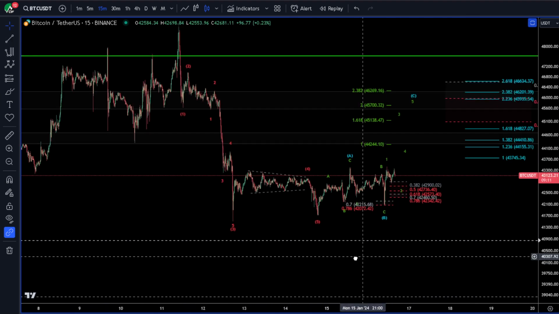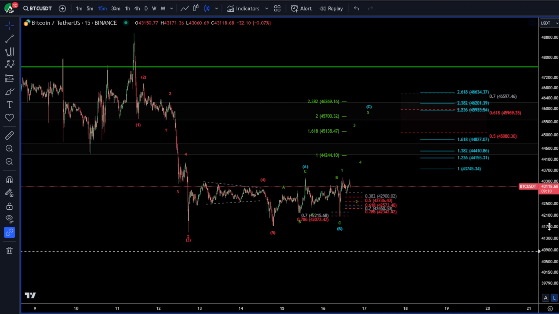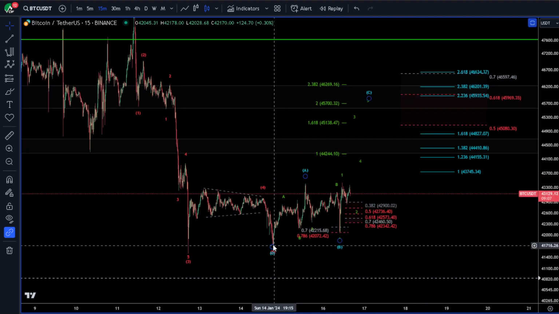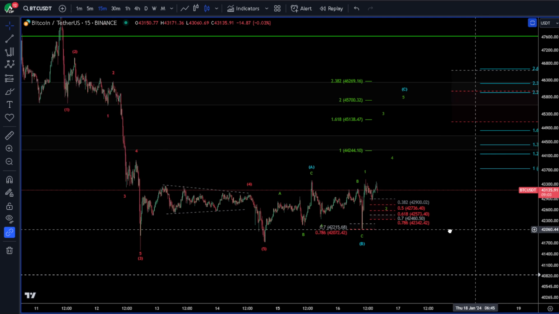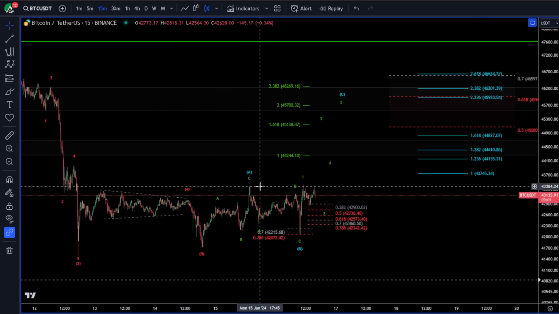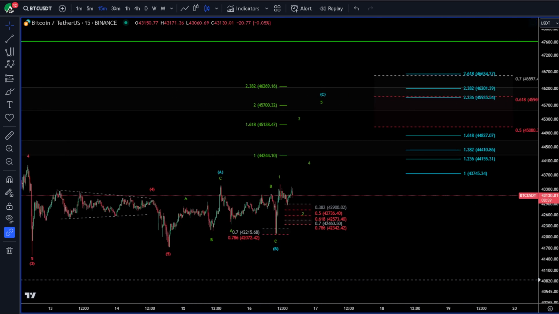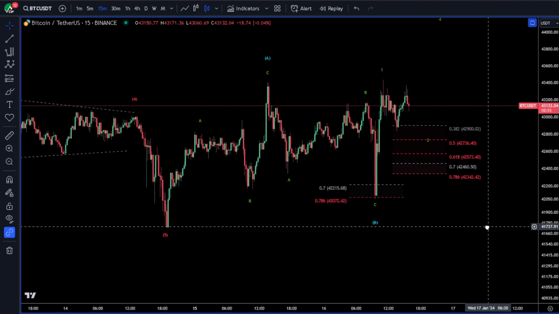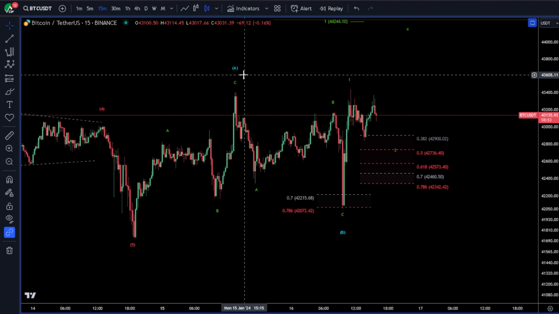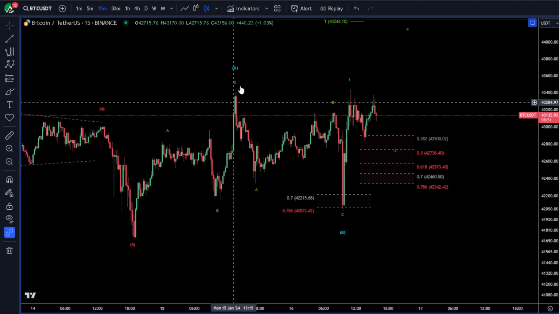So if we have the truncation and the low is in here, I've counted this out as most likely a flat or a WXY. Let me zoom in. As you can see, we had a zigzag as an ABC, have that as our A wave.